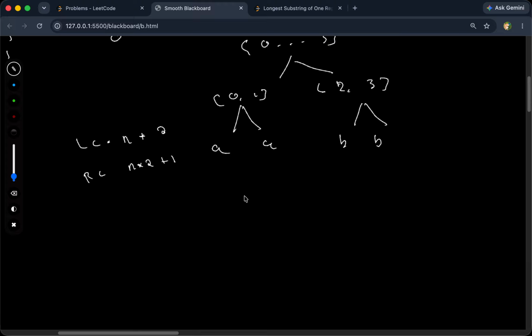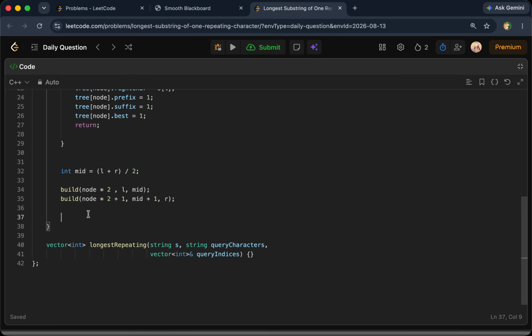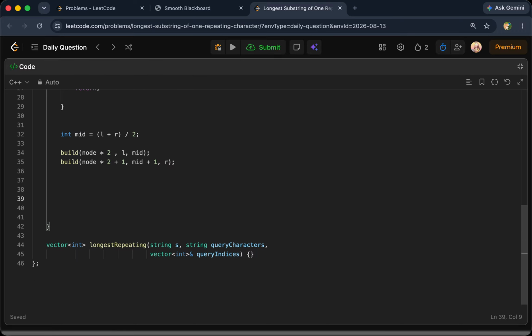That's where our merge function comes in. So tree node is equal to merge of tree node into 2 and tree node into 2 plus 1.